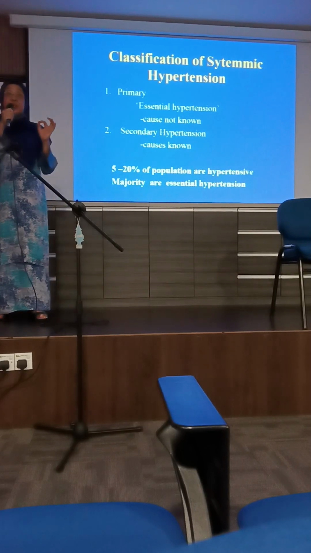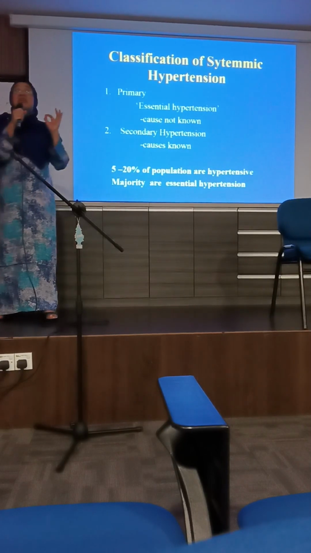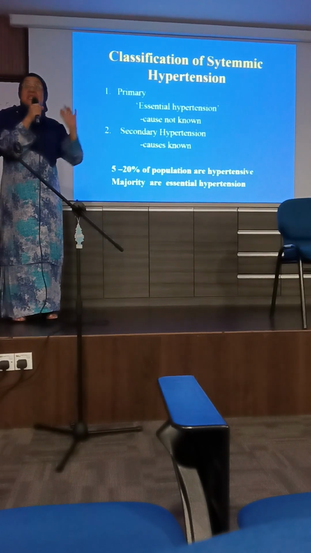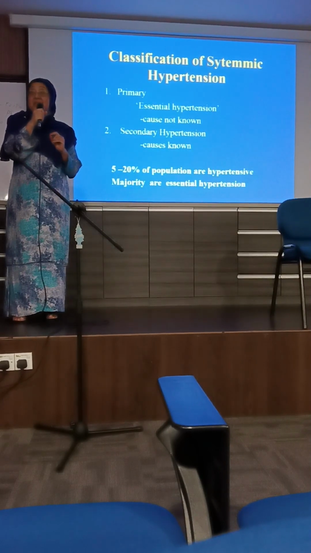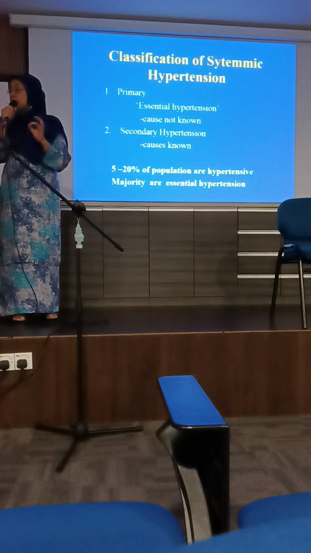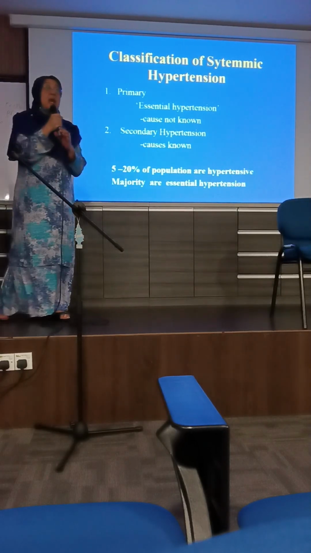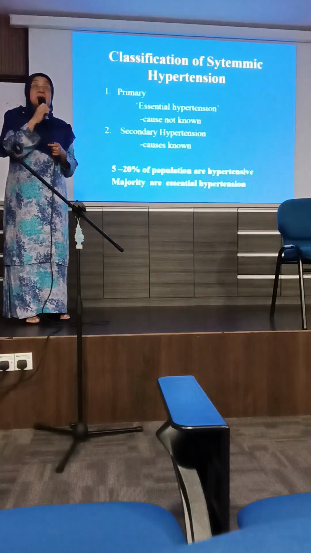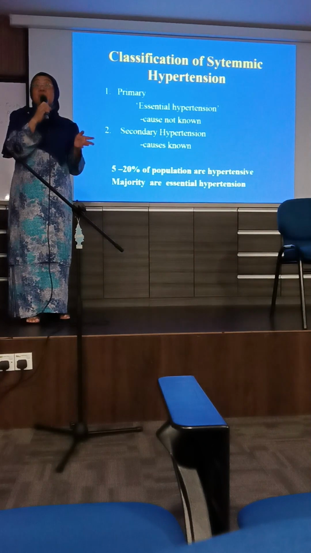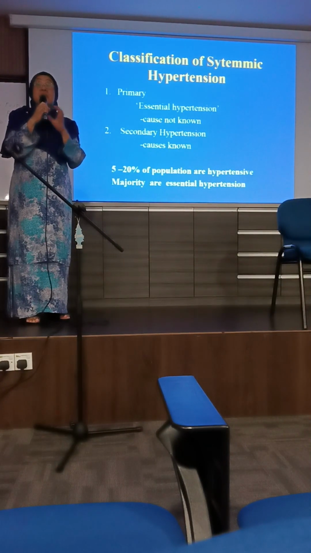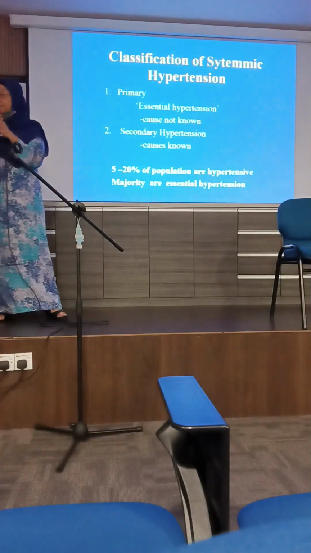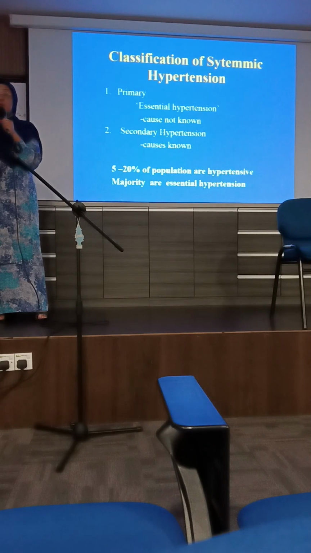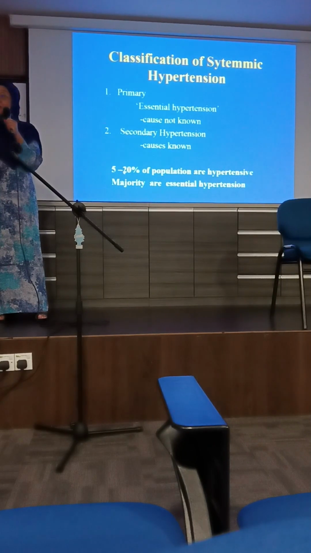Number two, the other group is secondary hypertension. When you say secondary, there is a cause, secondary to something. We know that hypertension is very common in the population, a disease that affects 5 to 20% of our population, and the majority of them are essential.